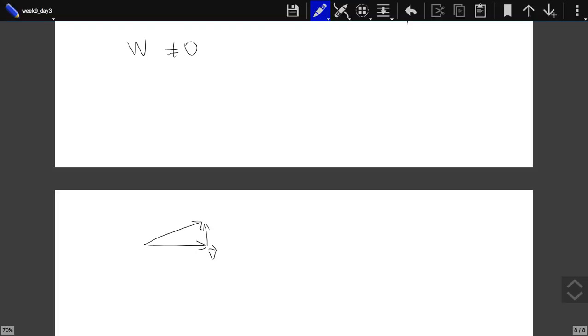So this will be the total velocity of those charges. But the magnetic force is perpendicular to this velocity. So this is the magnetic force.